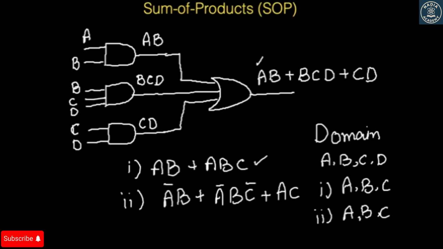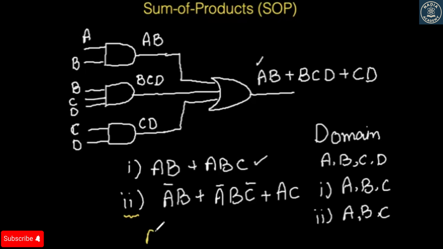The second thing is the following. In the second example, in the first product term we have A with a bar, and in the second product term we have A and C with single bars. In a sum of products, we can never have an extended bar.